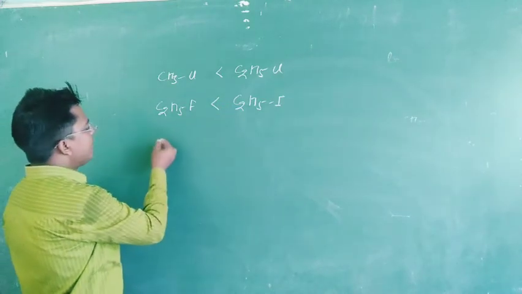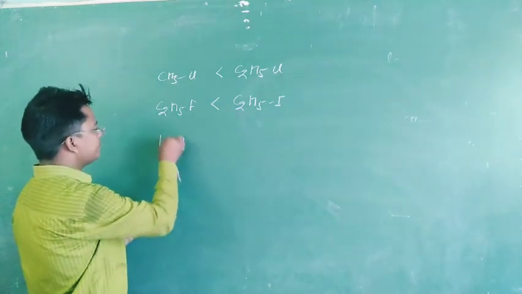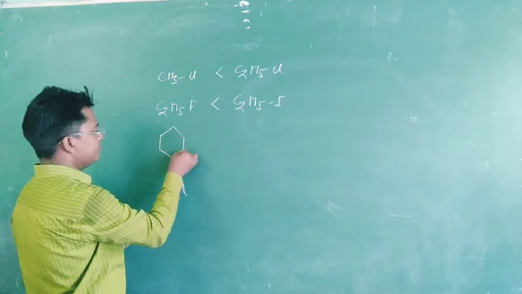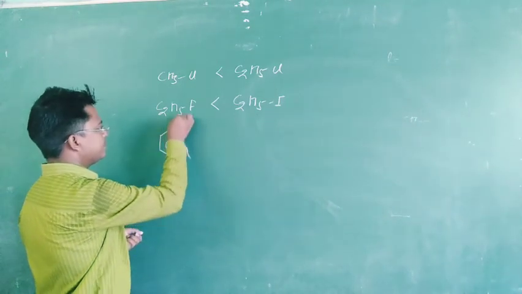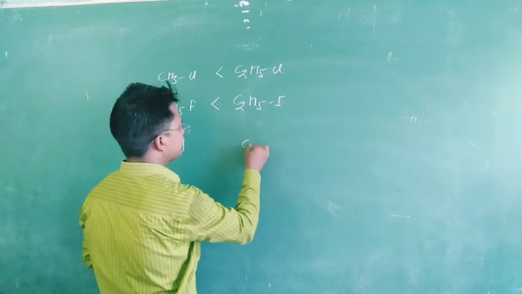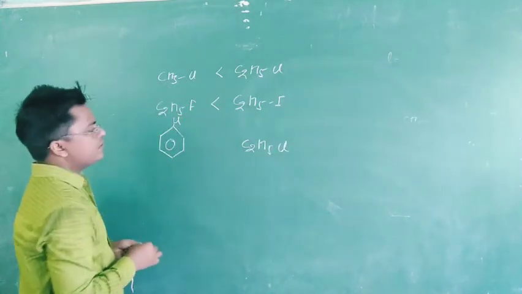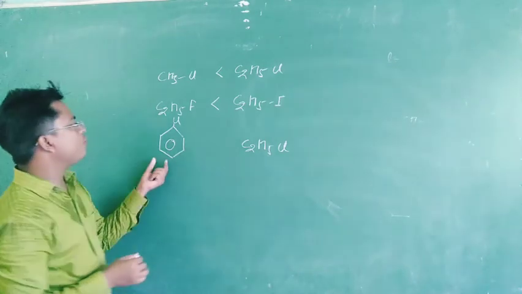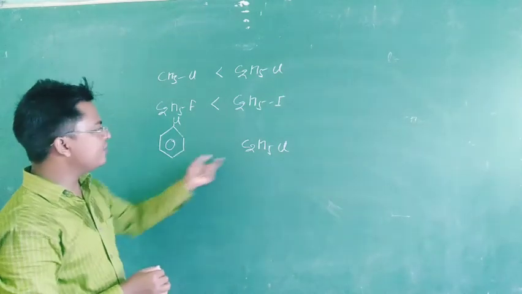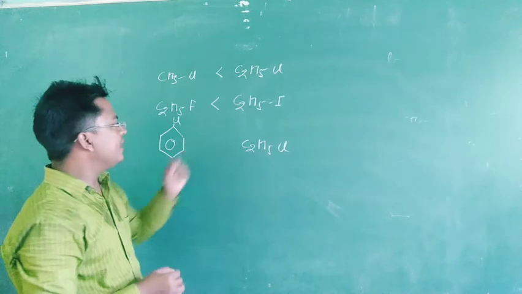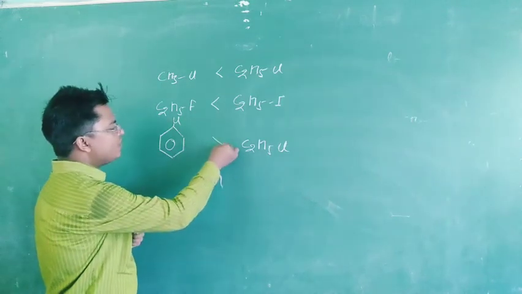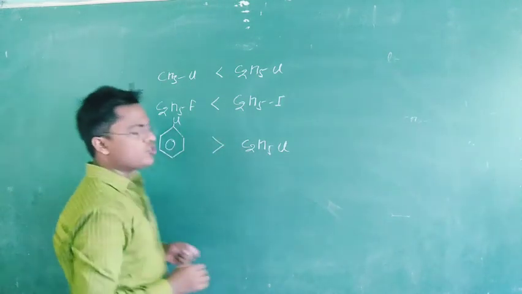Suppose we have other cases: the molar mass of chlorobenzene will be higher than ethyl chloride, so the boiling point of chlorobenzene is higher.